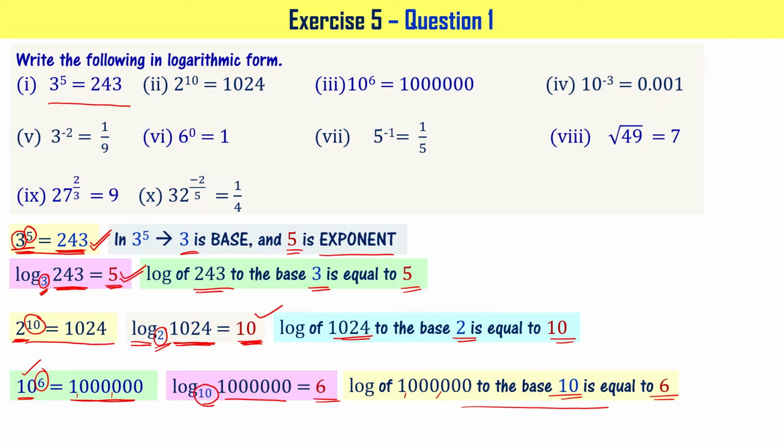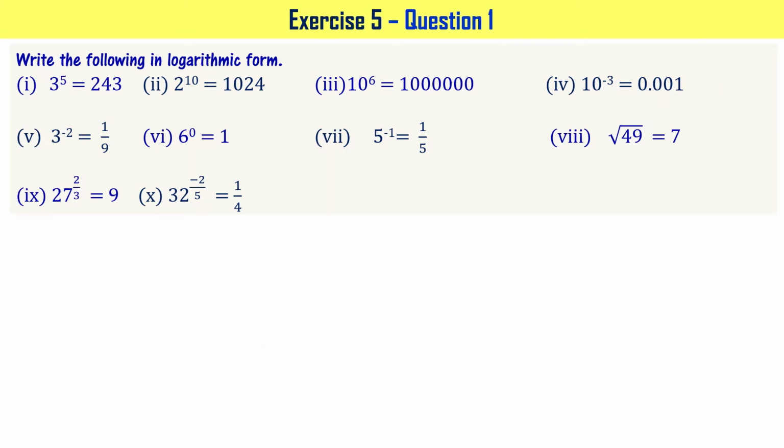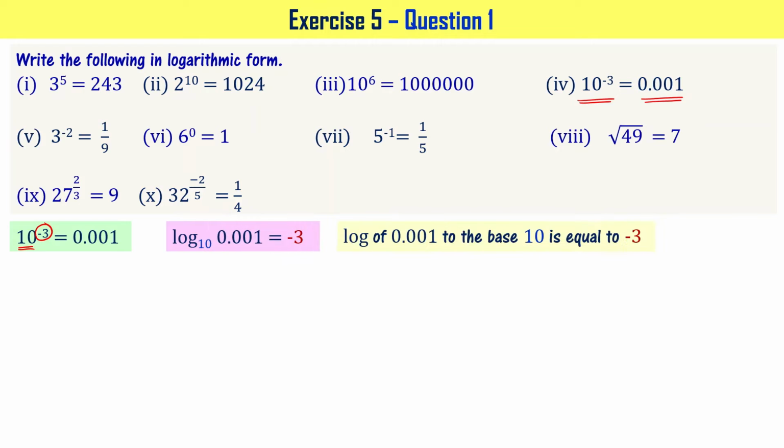Got it? Now let's look at the next part of the problem, that is 10 power minus 3 equal to 0.001, right? Here the base is 10 and power is minus 3, right? When you write this in logarithmic form, log of 0.001 to the base 10 is equal to minus 3.